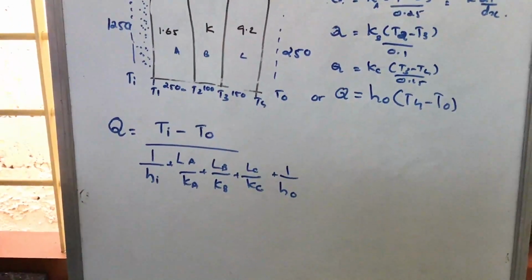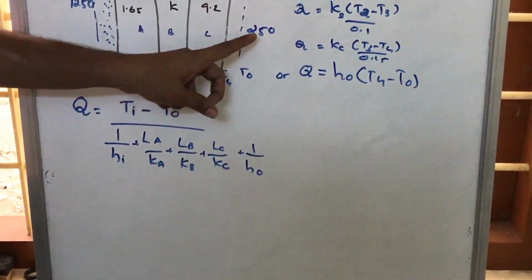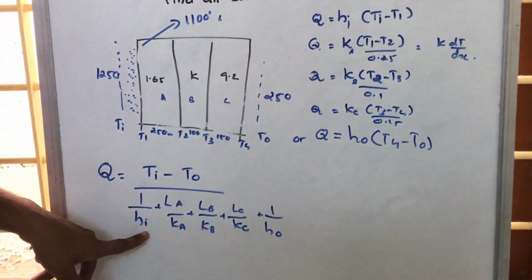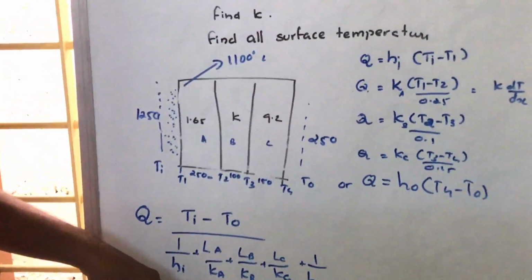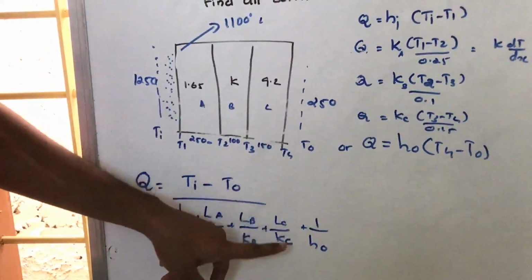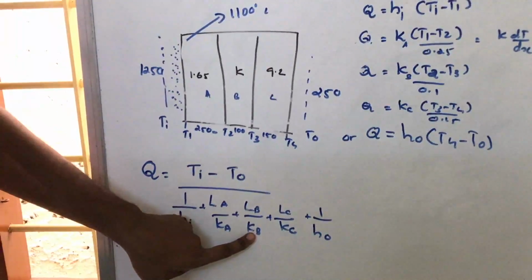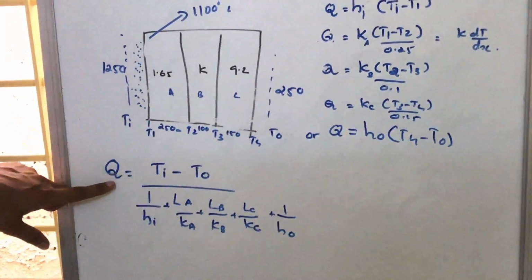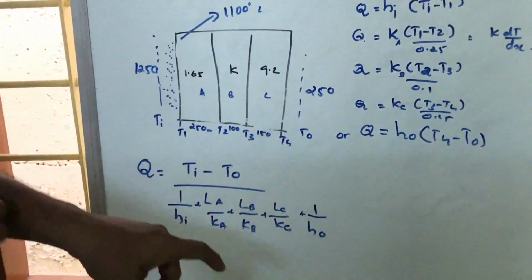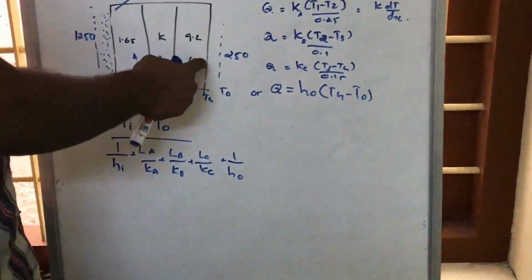So now here Ti and To we know, 1250 and 25. LA we know, LB we know, but KB is not given. LC, KC we know, and Hi. So we can substitute all those things, but we do not know KB. But Q we can find by using this equation, because here T1 we know, T2, T3, T4 are unknown.